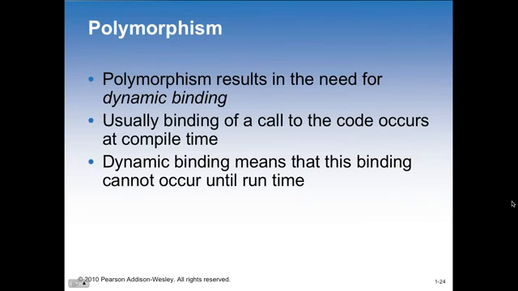So polymorphism results in a need for dynamic binding, which is why it's more supported in Java than it is in C++. C++ doesn't have any dynamic binding. And you're wondering, what is dynamic binding? In a programming language, that means at what time, in the execution or the compilation or the writing, the type is bound with the data that's being stored with it. Some refer to it as early and late binding. Some say static and dynamic binding, described in a lot of different ways.